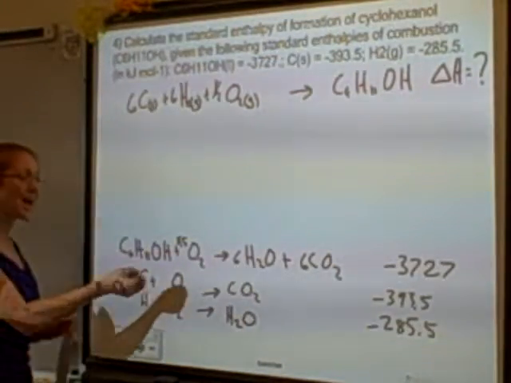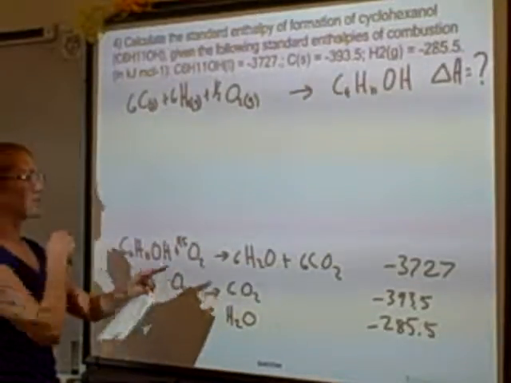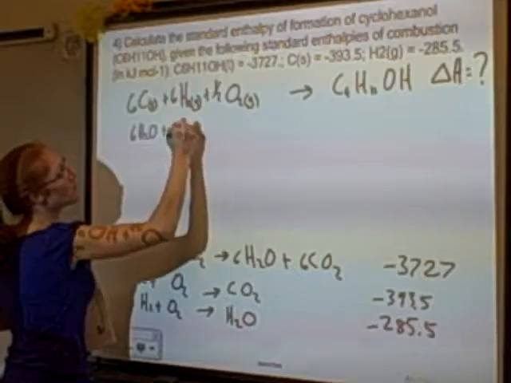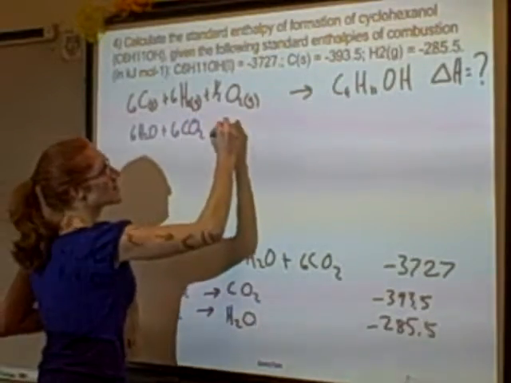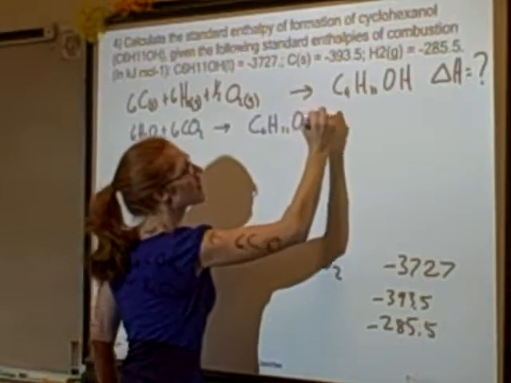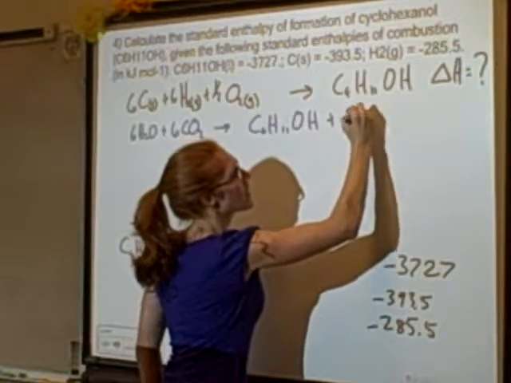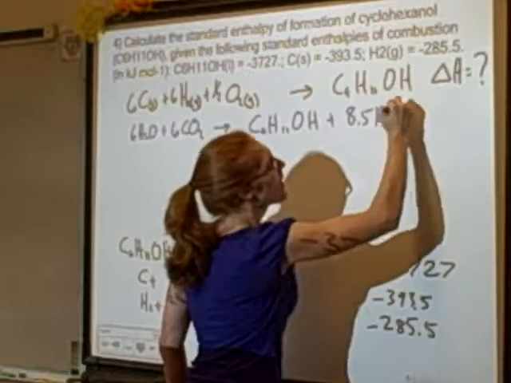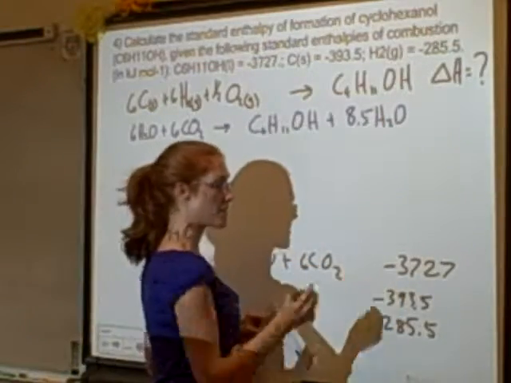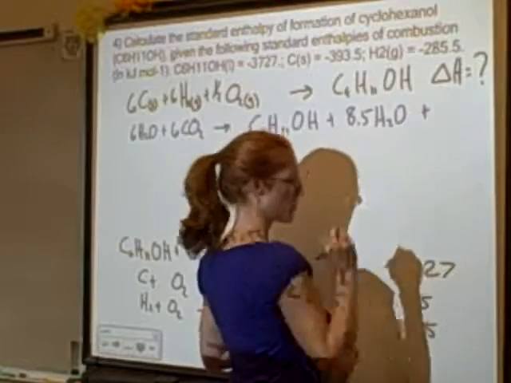It shows up as a reactant, so I'm going to flip the first step. So that means I'm actually going to take the 6 waters, reacting with the 6 carbon dioxides to make 1 cyclohexanol, and those 8.5 oxygens. And I have the enthalpy for that reaction. Since I flipped that step, this is now positive.